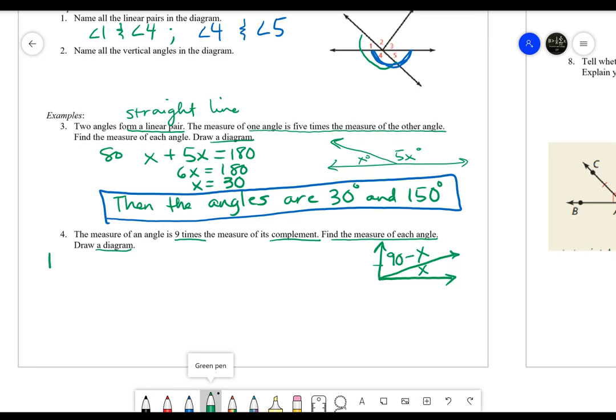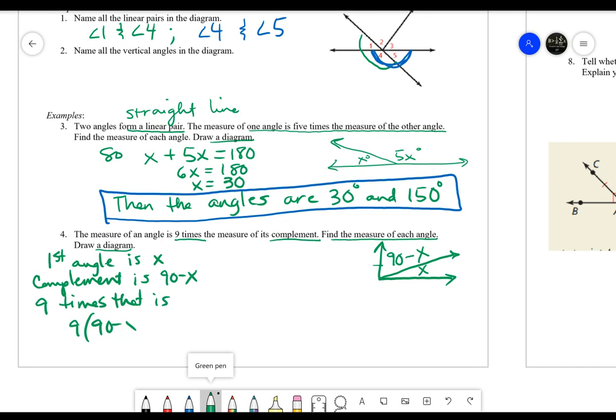Now, over here, I'm going to write this. The first angle is x. The complement is 90 minus x. So 9 times that is 9 times 90 minus x.